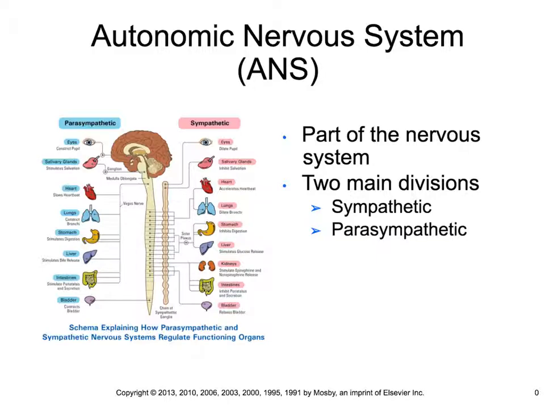The autonomic nervous system has two divisions. As we stated, it has the sympathetic and the parasympathetic. Both of these require different responses.